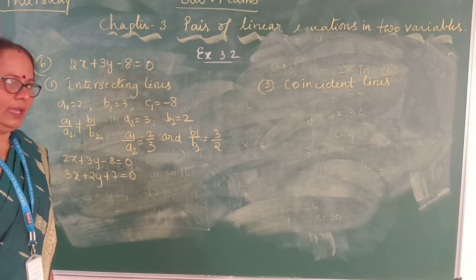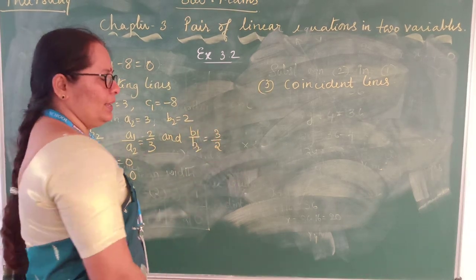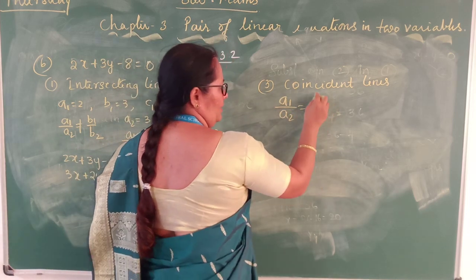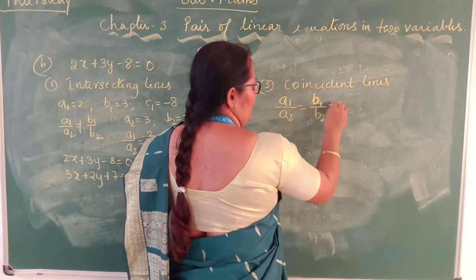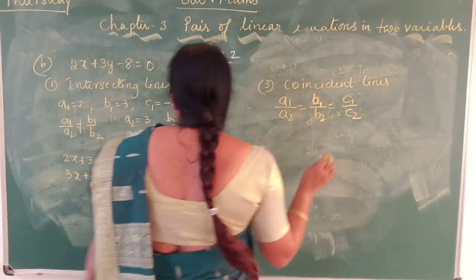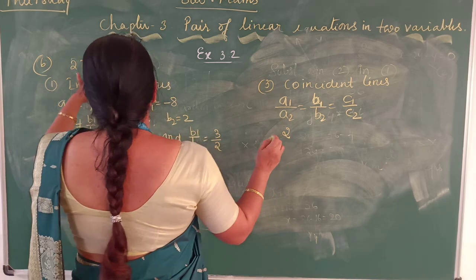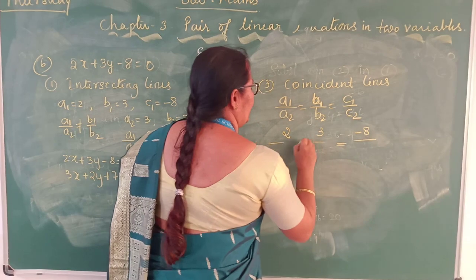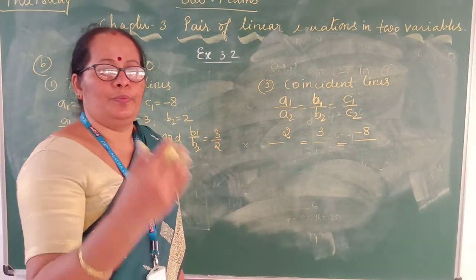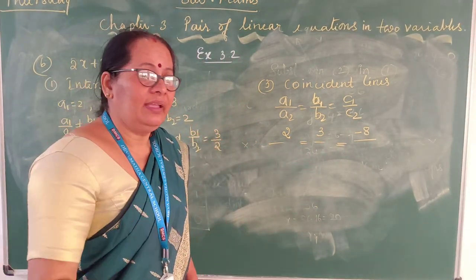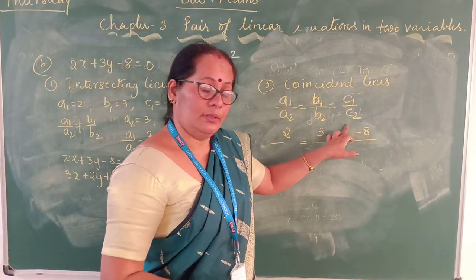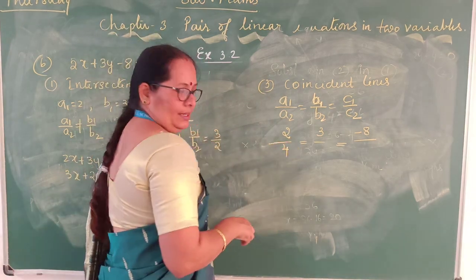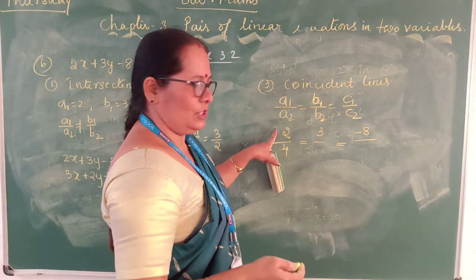Yes? Okay. Now for coincident lines, all three ratios are equal. A1 by A2, B1 by B2 equals C1 by C2. Now A1 is 2 here, B1 is 3 and C1 is minus 8. You can take any number for A2, B2 and C2, but all three ratios must be equal. Now see here, I will take 4 here, 2 by 4 is 1 by 2.